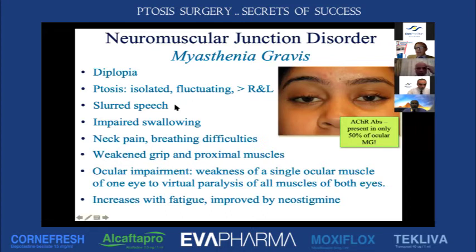The patients often have slurred speech, impaired swallowing, neck pain, breathing difficulties, weakened grip, and so forth. Of the ocular impairment, the weakness may be of a single muscle of one eye to a virtual paralysis of all muscles of both eyes, and it increases with fatigue and improves with neostigmine.